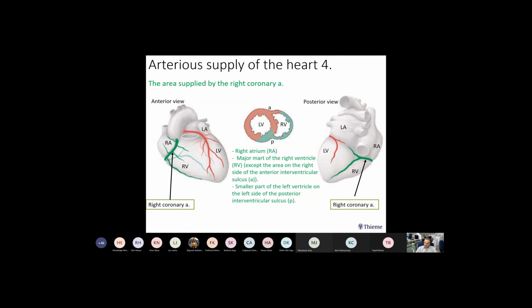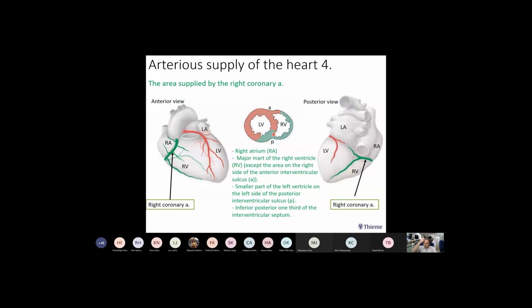And also the right coronary, with its posterior interventricular branch that's on the back side, as you have seen earlier already, supplies a smaller portion of the interventricular septum. Not the bigger part. The bigger part is fed by the left coronary, but this smaller part receives the blood supply from the posterior interventricular branch of the right coronary artery.